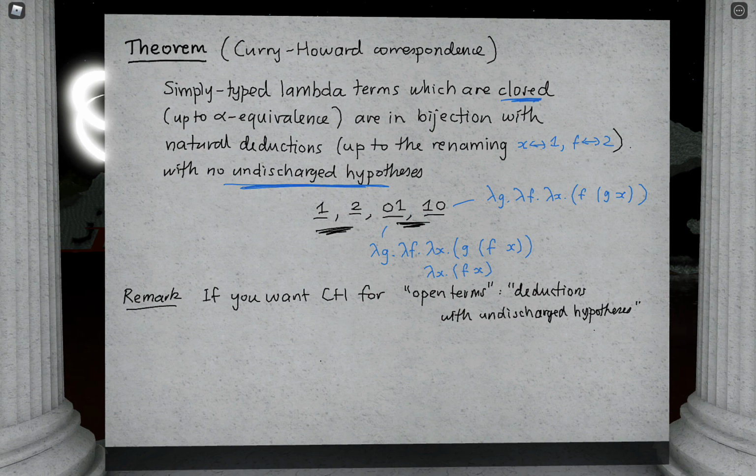But if you're going to take such a deduction and correspond it to a term, you need to name everything in your lambda terms. So the undischarged hypotheses will need to get names. That's the contrasting convention I mentioned earlier, where as soon as you introduce a hypothesis A, you also introduce a name for it, which is then referred to later if you discharge it.